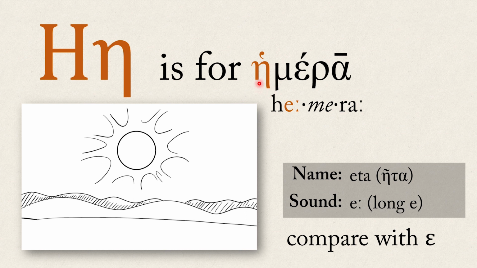Hemera starts with the h sound, but that's not because this letter makes a h sound, just the rough breathing mark on top of it makes the h sound, and the letter eta makes a e sound. This e sound is a long version of the epsilon. Epsilon is e. Eta is e. Long e.